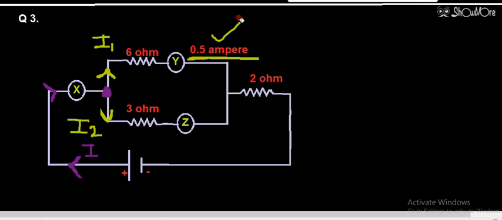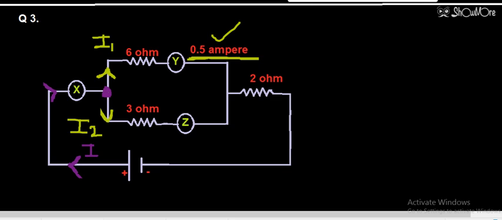So you know the concept: when two resistances are in parallel, like you can see this 6 ohm is parallel with respect to this 3 ohm. Whenever two resistances are in parallel combination, they have the same voltage drop.